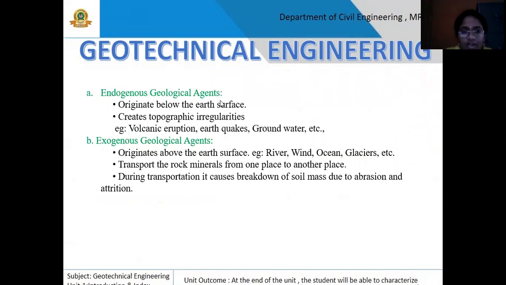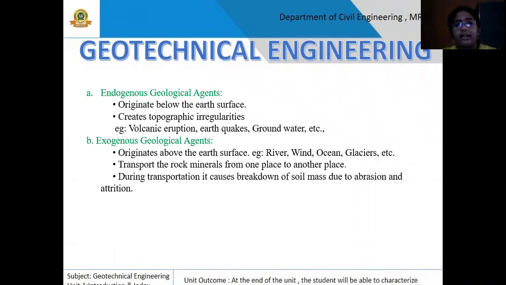Endogenous geological agents originate below the Earth's surface. If this is the Earth's surface, below this is endogenous, and above this is called exogenous. Endogenous agents originate below the Earth's surface and create topographic irregularities, and exogenous agents are above the Earth's surface and help in transporting rock minerals from one place to another.